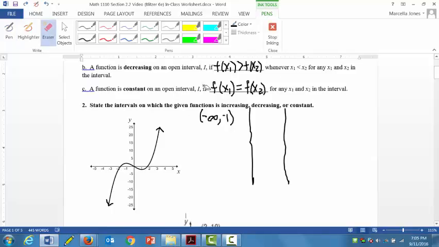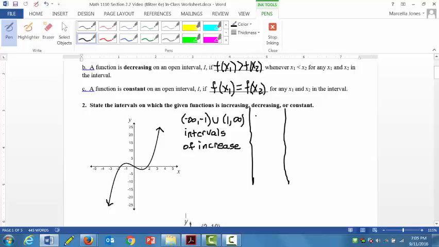An interval of decrease is where the function is going downhill as we move from left to right. So one interval of increase is from negative infinity to negative 1. Another interval of increase is from 1 to infinity. So notice from x equal 1 and above, or values of x from x equal 1 and values bigger, the function is going uphill.